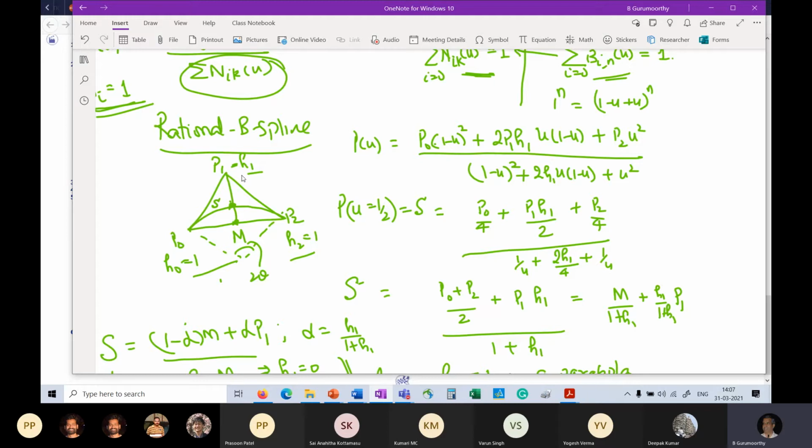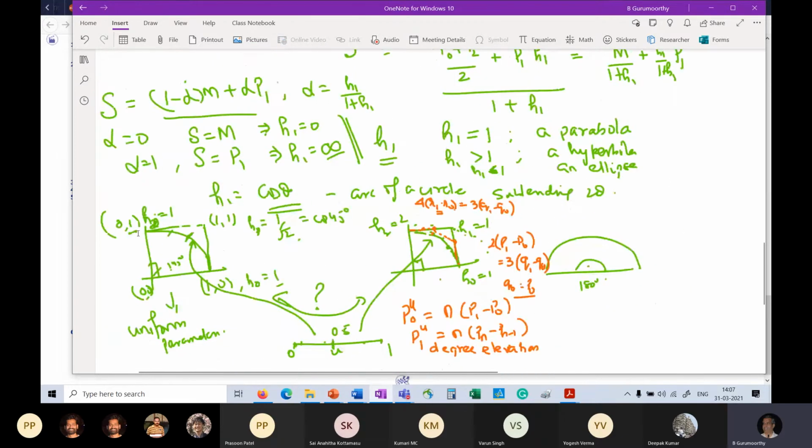Okay. And like I said, the solution that you get for a given curve with the rational spline is not unique. We earlier showed that weights of 1, 1, and 2 will be enough to define the curve. But then we also showed later that a symmetric set of weights, 1, cos theta, 1, will also represent the arc of a circle.